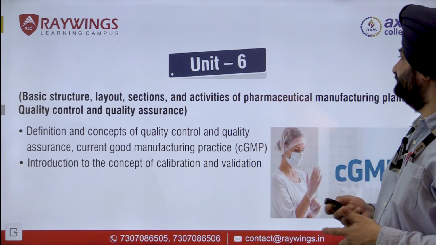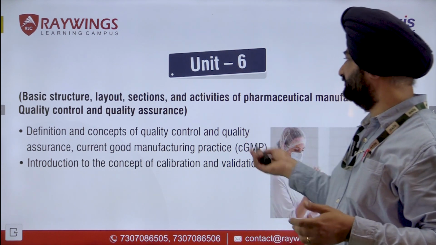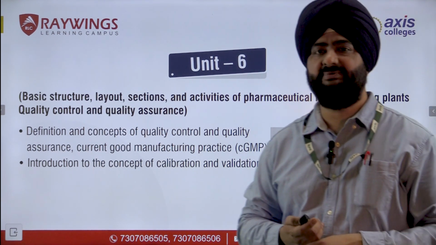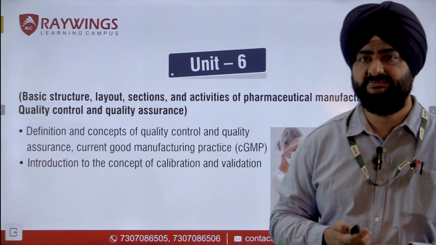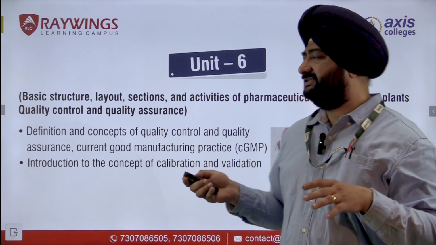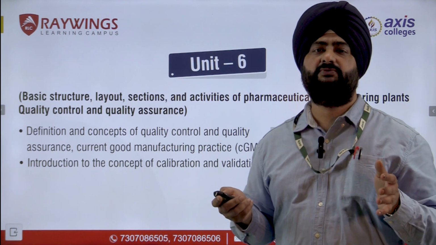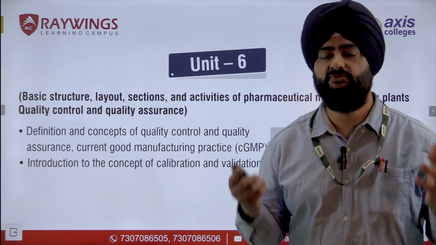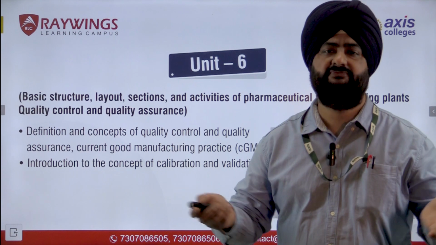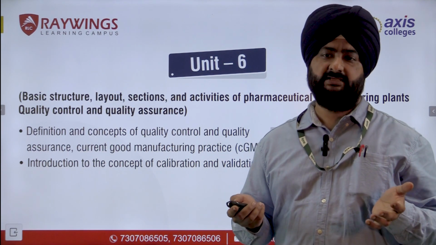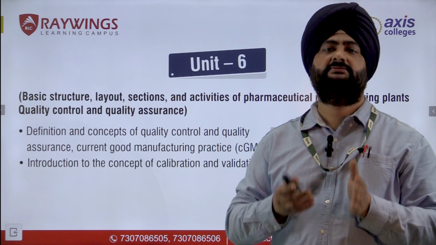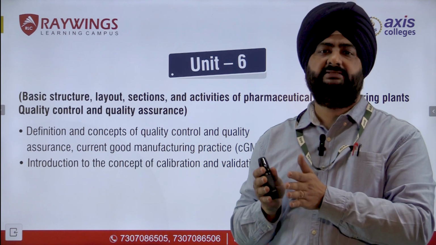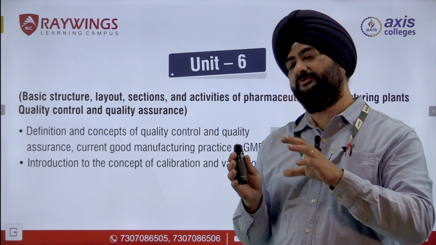In unit 6, we cover the basic structure and layout of a pharmaceutical manufacturing plant under the name of CGMP, that is current good manufacturing practices. CGMP means if a person wants to establish their own manufacturing unit, what will be the layout of that unit? There must be an admin office, and a place for the production unit. That depends on what type of dosage form you are producing.